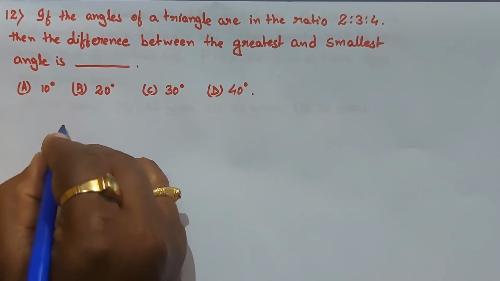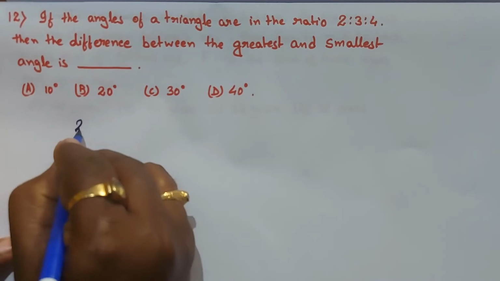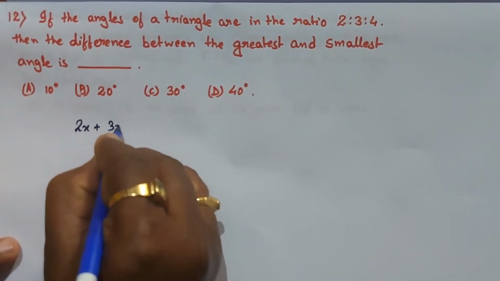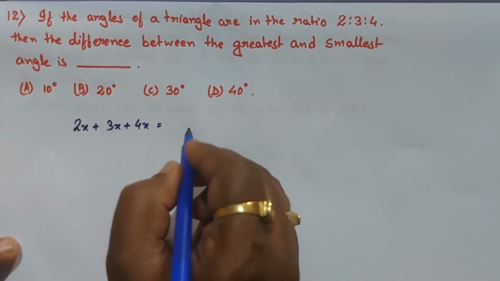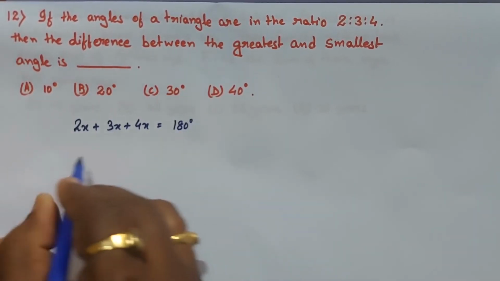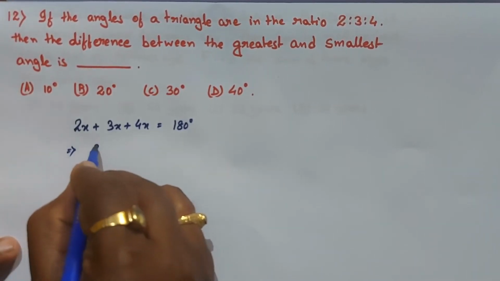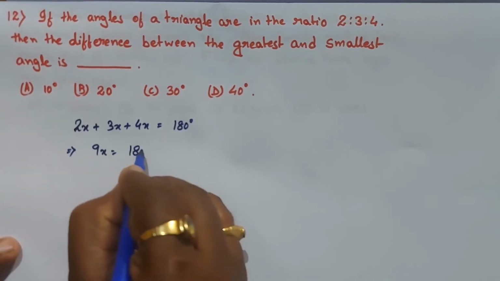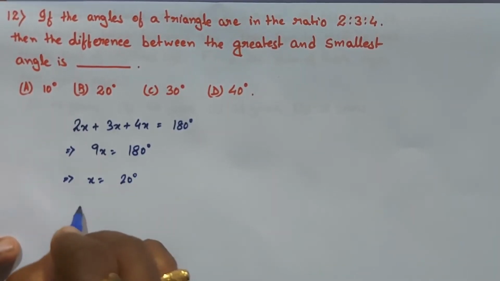So let the common ratio be x. The angles are 2x, 3x and 4x. We all know that the sum of all three angles of a triangle is 180 degrees. So 9x altogether is equal to 180 degrees, or x is equal to 20 degrees.